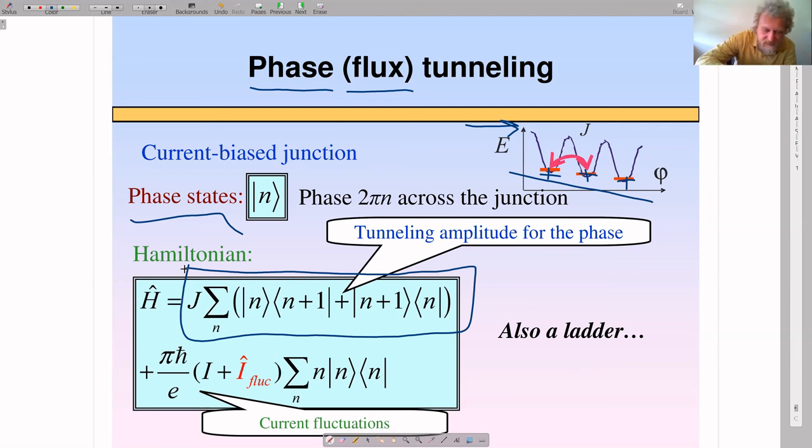We have a bias, which gives a slope to the ladder. That is eventually the energy associated with the current, which one has to overcome. I'm just trying to write this formula. Yeah, here we are.